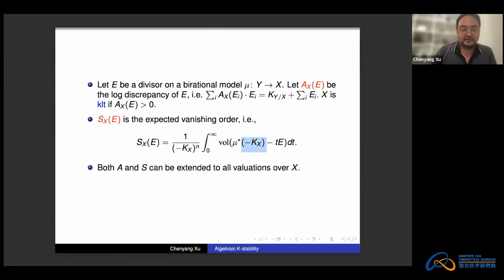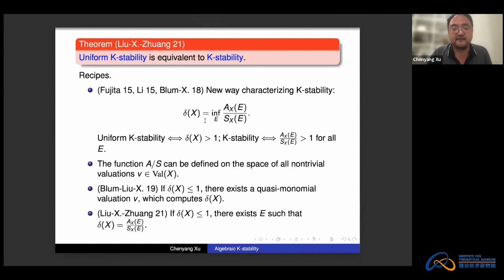And A divided by S is our function to define delta, and A divided by S is the function defined on all the divisorial valuations.